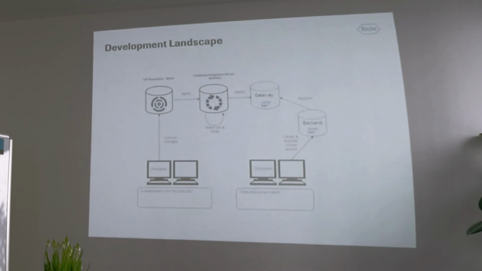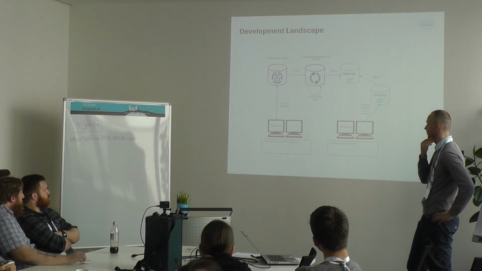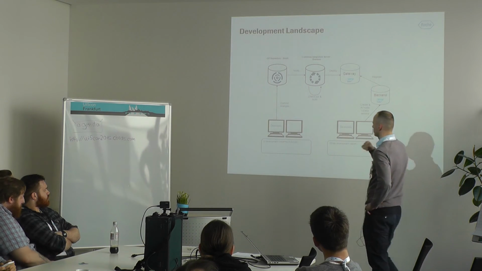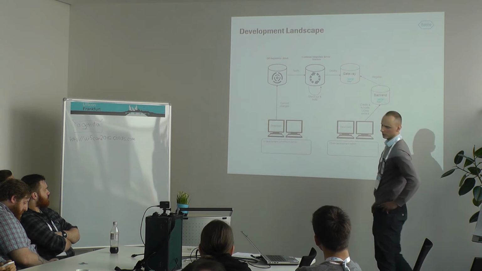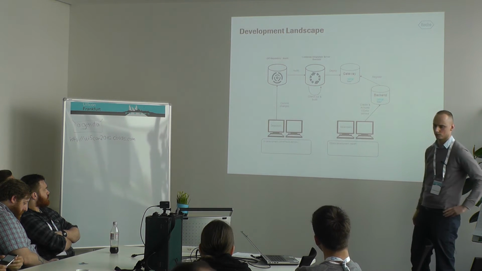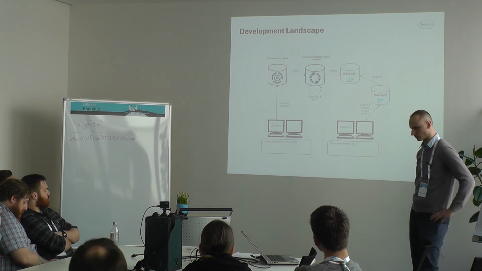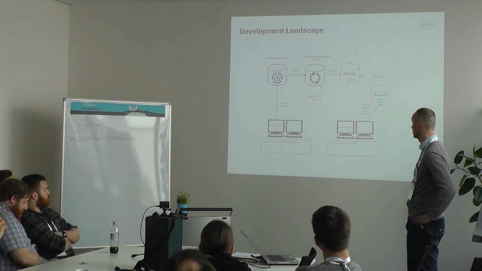And for the front end, we have local development, Git repository, and then this continuous integration server. And from there we can deploy centrally to gateway. So there's no connection from here where developers deploy different versions locally from their machines.